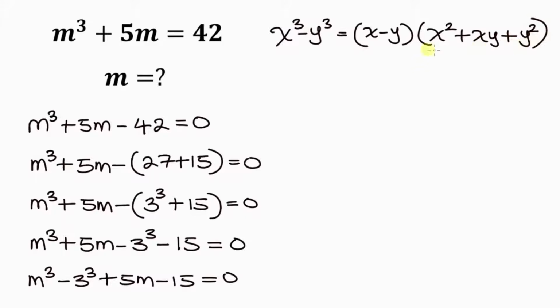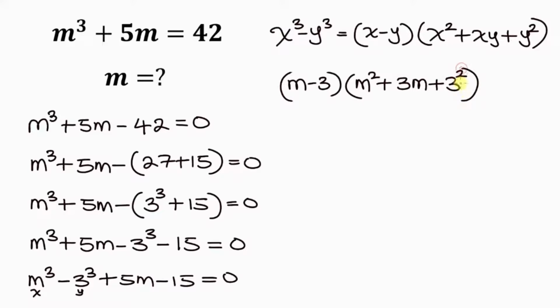Now we're going to be applying this to what we have here. Now writing this is like our x and this is like our y. So this will be m minus 3, just like this, times m squared plus 3m plus 3 squared. That is it. And then we have plus.